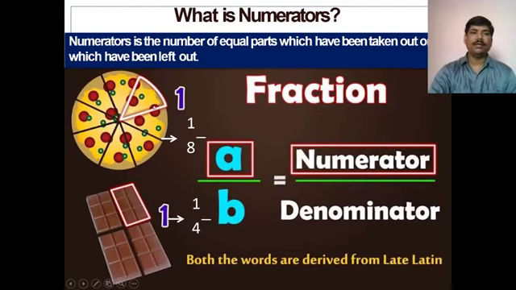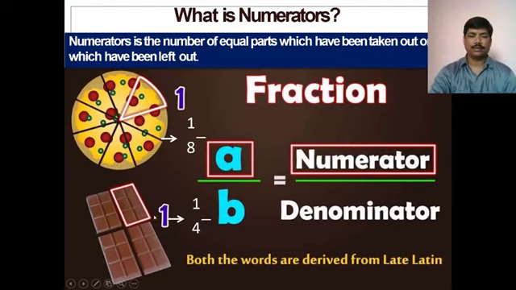Here one thing to remember: the whole object is divided into parts, but these parts must be equal. Out of these parts, if we take two parts, these two parts are a fraction of the whole, and some parts are left there. The left parts are also a fraction of the whole.